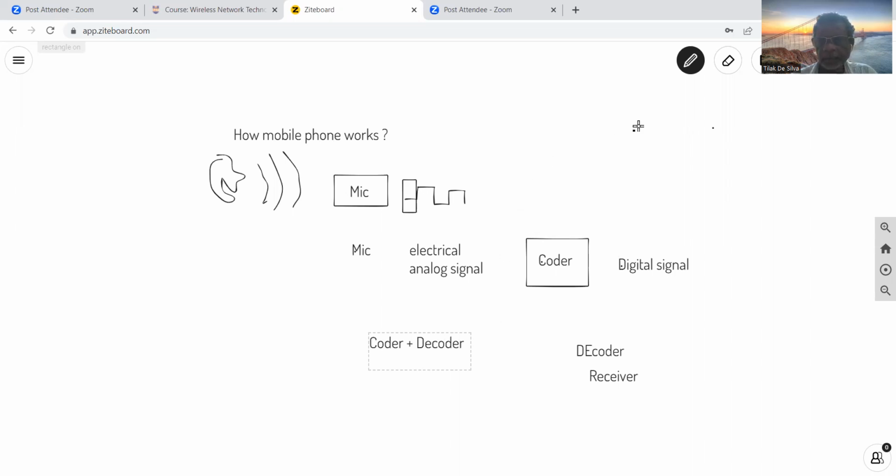From the coder, I take COD, and from the decoder, I take DEC. So this is called a codec. Your mobile phone has a codec. The codec will convert the electrical analog signal to digital signal as well as the digital signal to electrical analog signal.